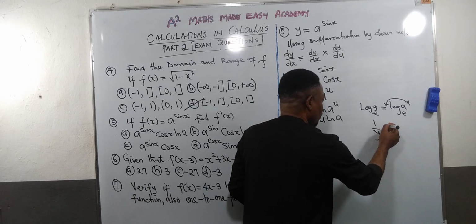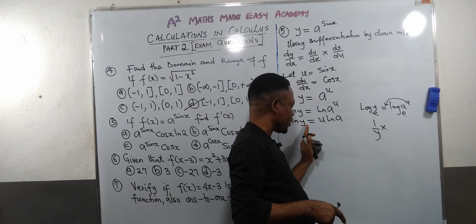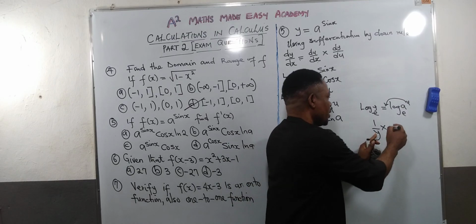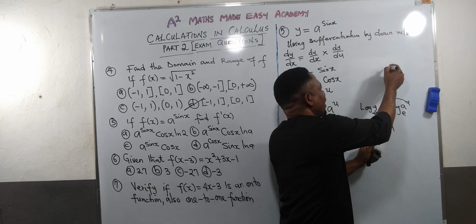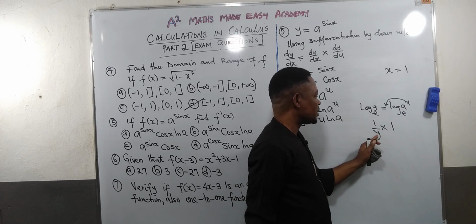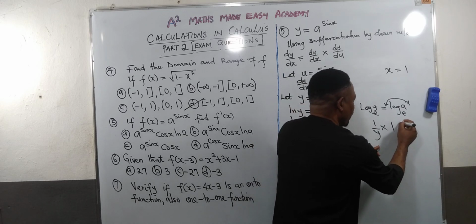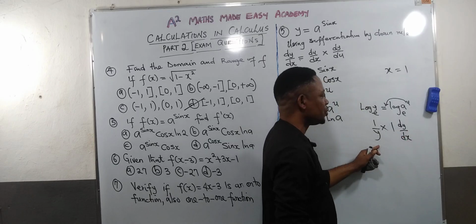Now after that you multiply by the derivative of that, and that is y. If you differentiate y, it will give you 1, just like somebody asking you to differentiate x, which gives 1. Then having differentiated that, don't forget to put dy over dx.